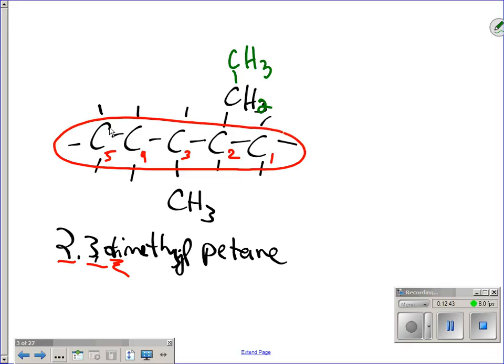It looks like I've just added an ethyl group, right? The carbon chain is longer. All right, what's the carbon chain length here? So 1, 2, 3, 4, 5, 6, or 1, 2, 3, 4, 5, 6? The first way or the second way?